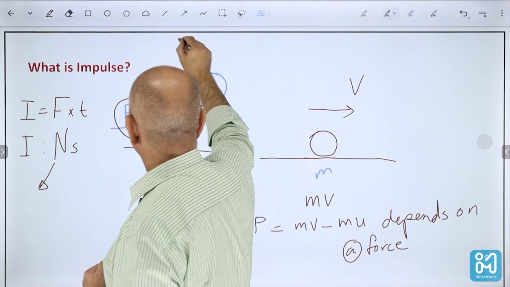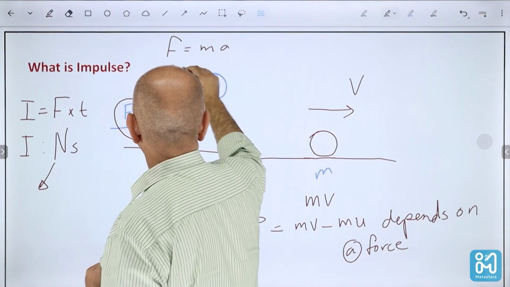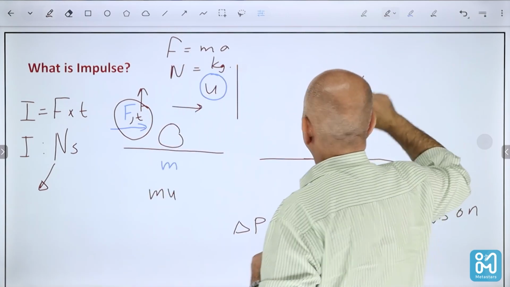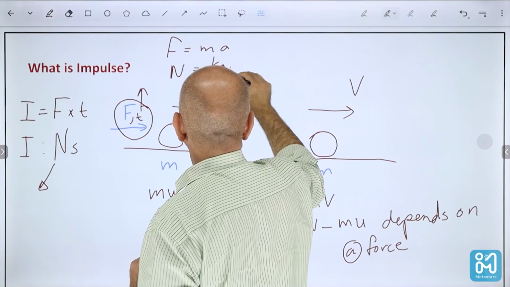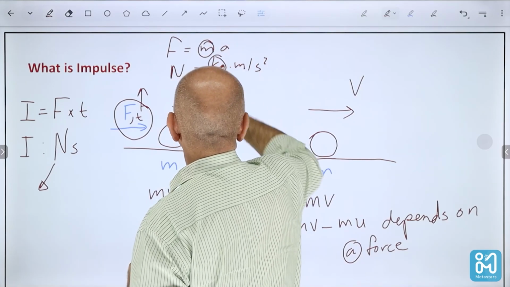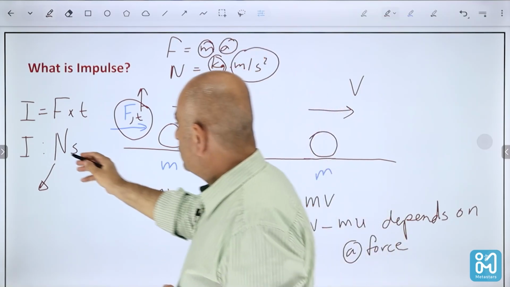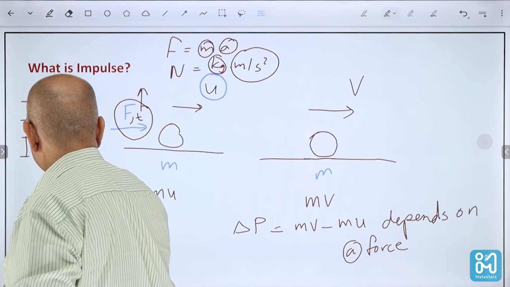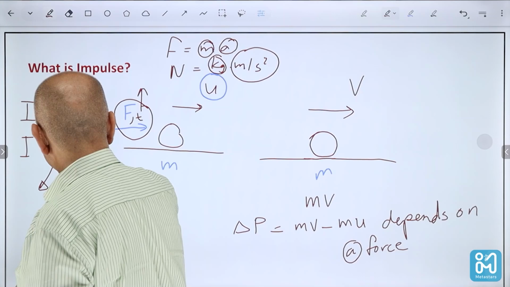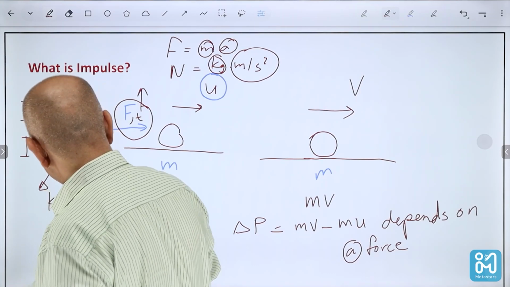And force usually is MA, which means Newton is kilogram meter per second squared, because the mass has a unit of kilogram and the acceleration has a unit of meter per second squared. So Newton is kilogram meter per second squared times what? Second. Second cancels second, so you end up with what?